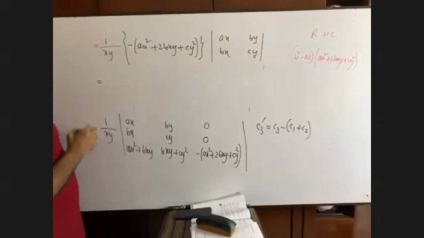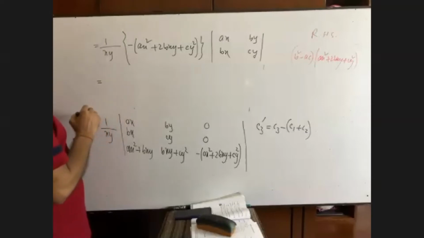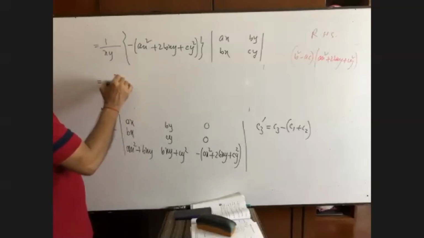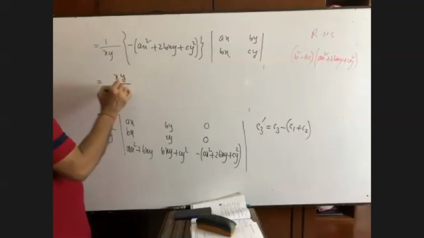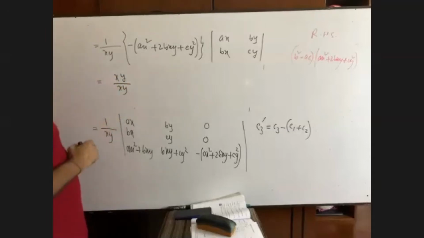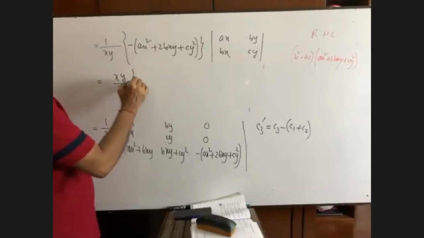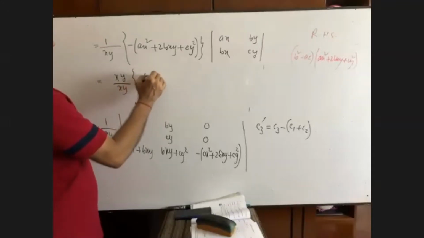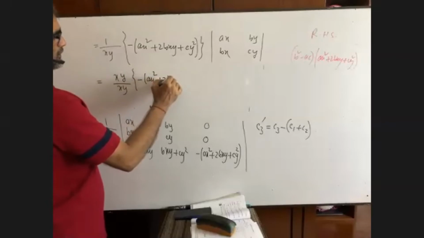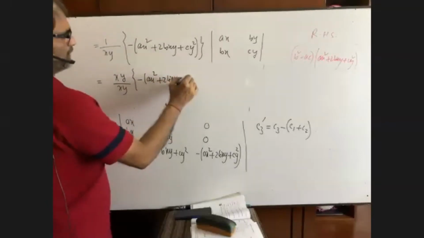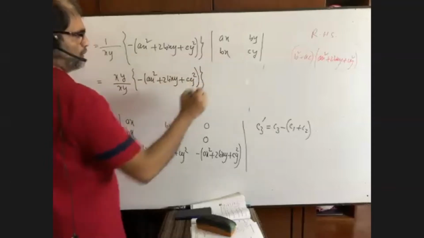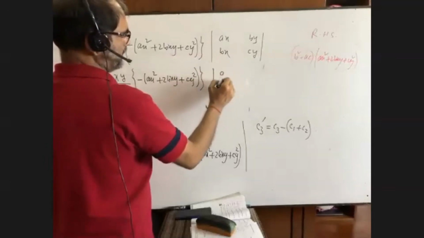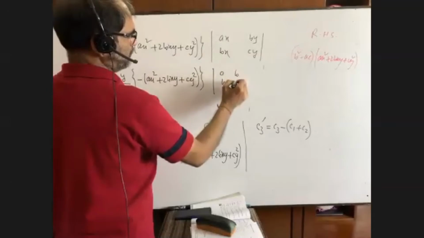Now from the first column we can take x common. From the second column we can take y common. Minus x square plus 2bxy plus cy square. We are left with ab, bc.